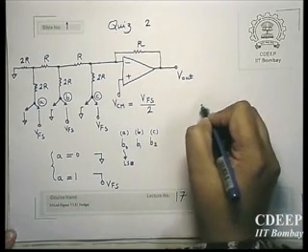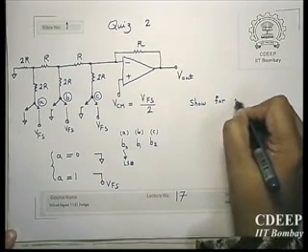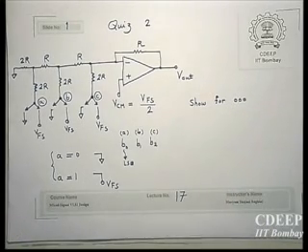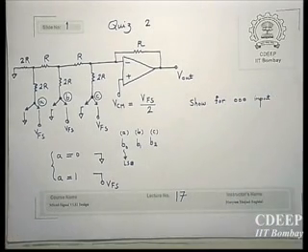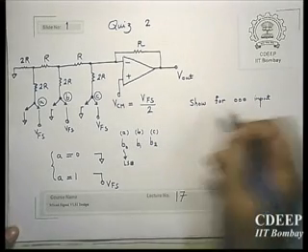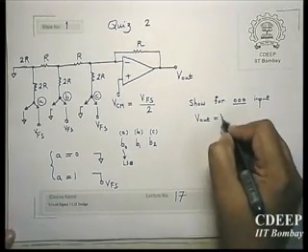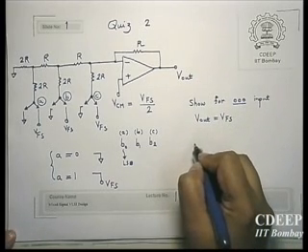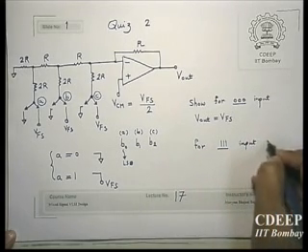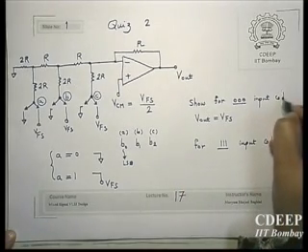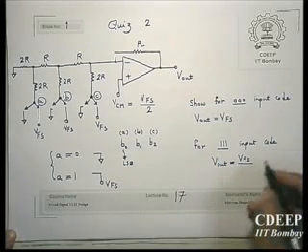You just show for 000 input, V out is equal to V full scale, and for all 1 input code, V out is equal to V full scale by 8.